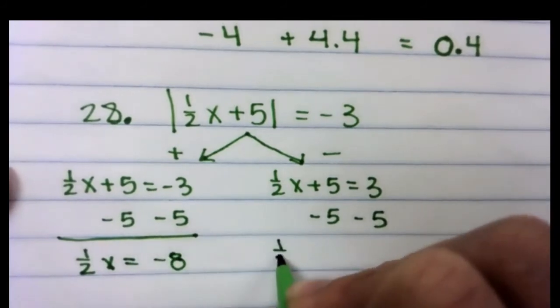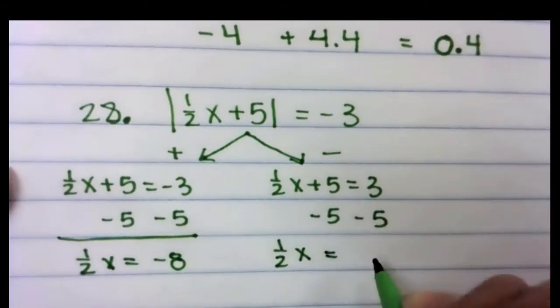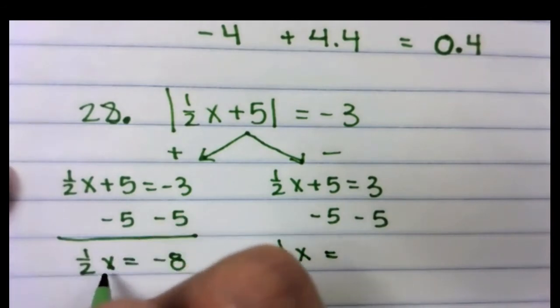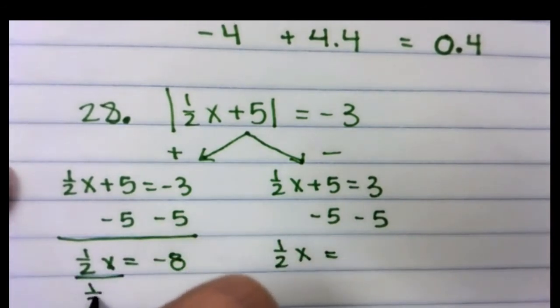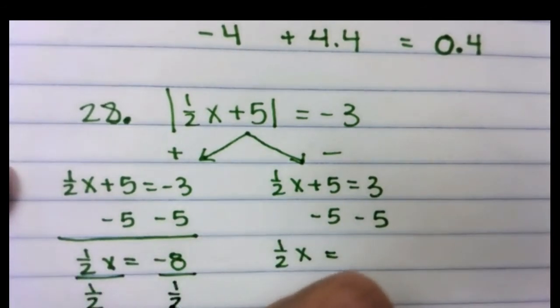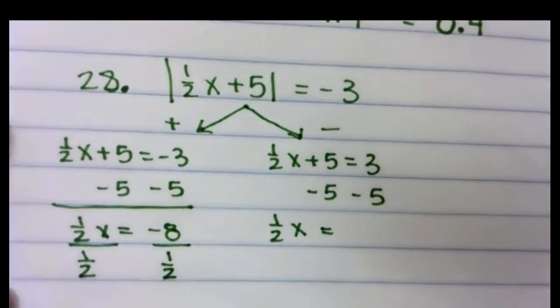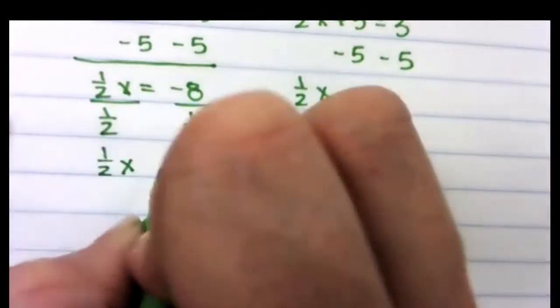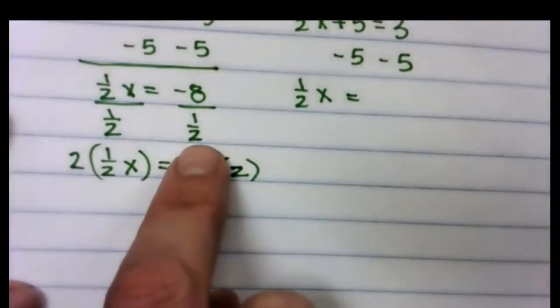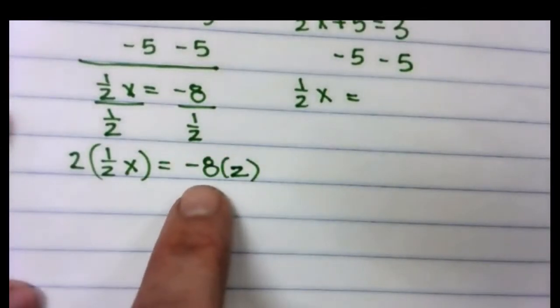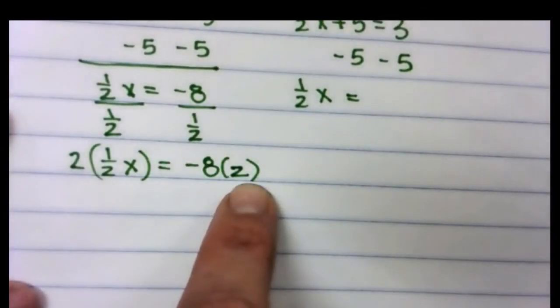How do you get rid of a multiplied fraction? Okay, you can divide. Or what's that word that Dominique tried to give me before? Instead of dividing by half, what could we multiply by? My reciprocal. So you could divide negative 8 by a half, or that's like multiplying negative 8 by 2.